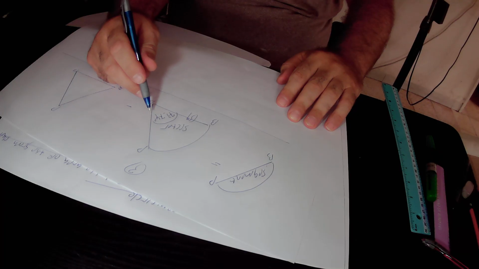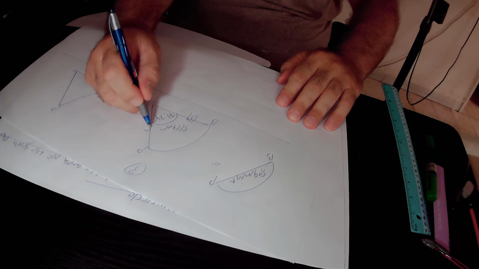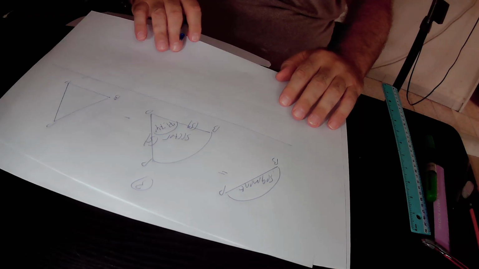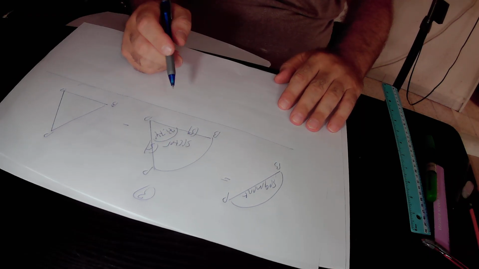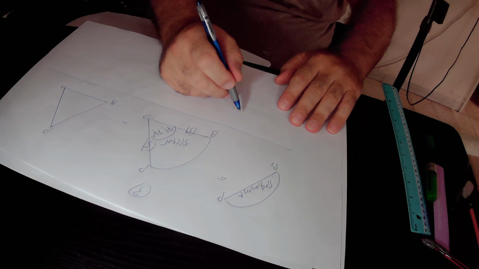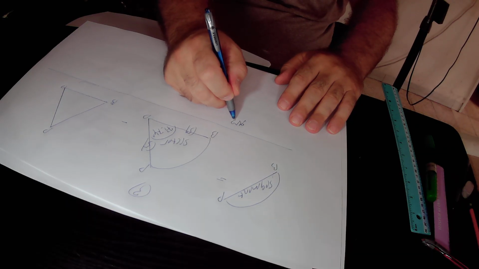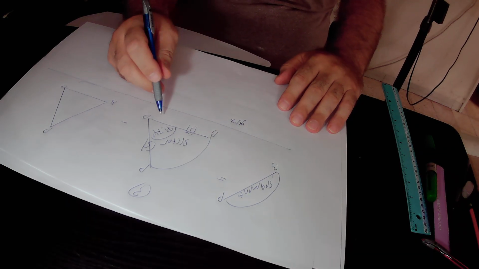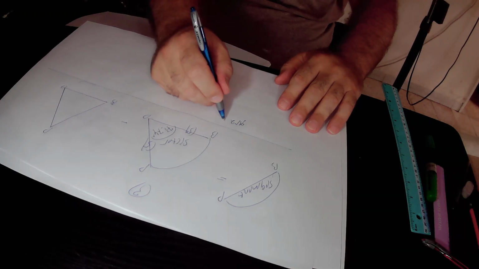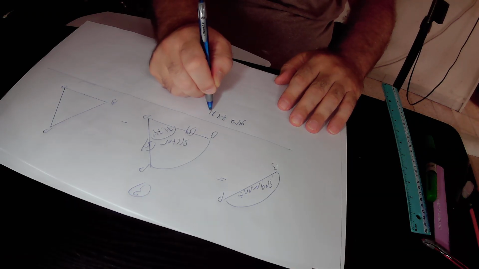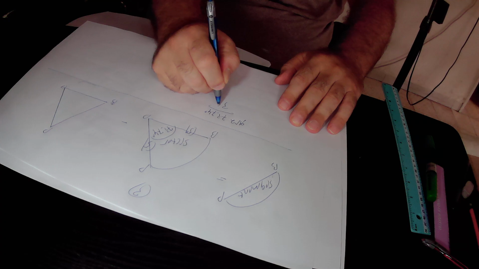OP is also the radius of the semicircle, equal to 5. So the area of this sector BOP will be equal to pi r squared times the angle between the legs of the sector, that is 73.74 degrees over 360 degrees.